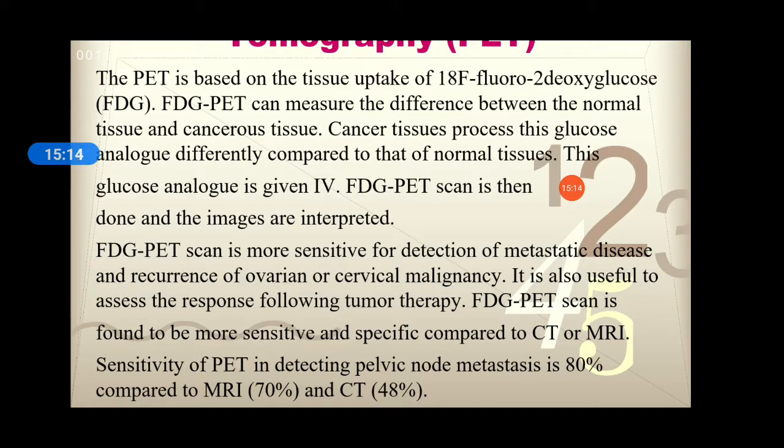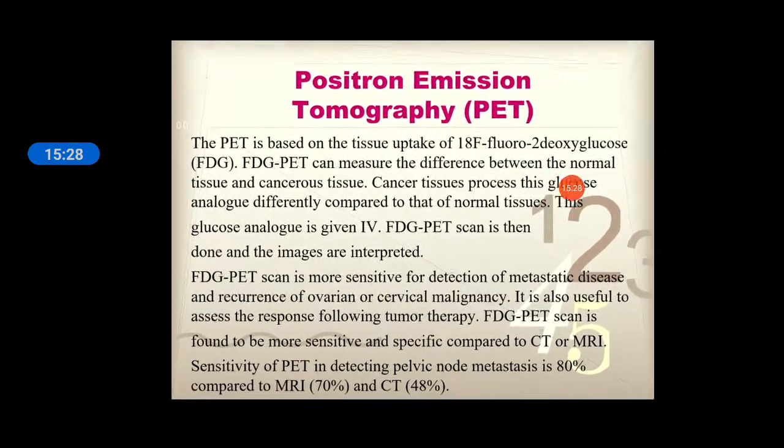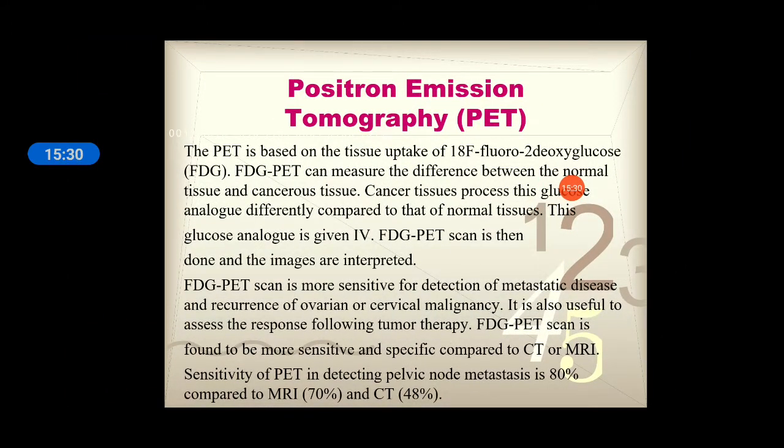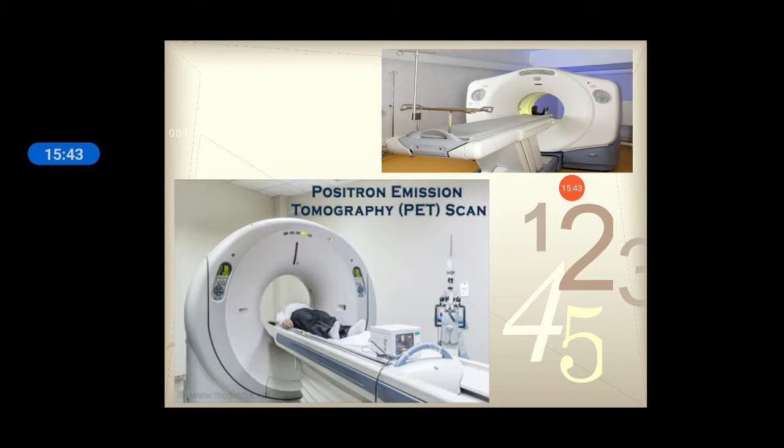So prognosis can also be done with the help of FDG PET scan, and it is also found to be more sensitive and specific compared to CT or MRI. Sensitivity of PET in detecting pelvic node metastasis is 80% compared to MRI, which is 70%, and CT scan, 48%. That means for lymph node metastasis, the most sensitive test is the PET scan, next is MRI at 70%, and then CT at 48%.